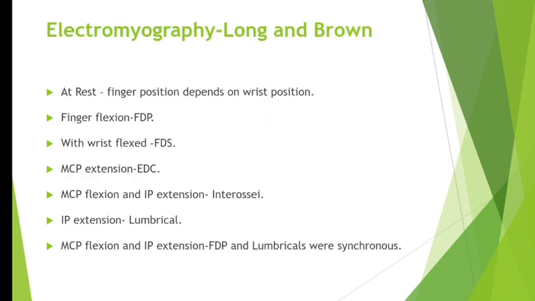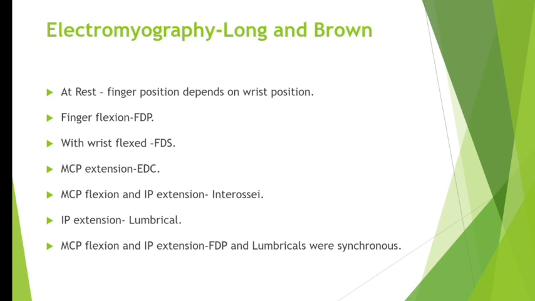Next thing they saw is, electromyographically, they tried to analyze during which movement of the fingers which group of muscles is acting. And they found that if the hand is at rest, then the finger position usually depends on wrist position, not on the muscles. Because if your wrist is in flexion, your fingers go into extension.